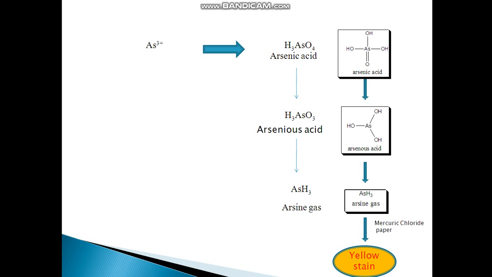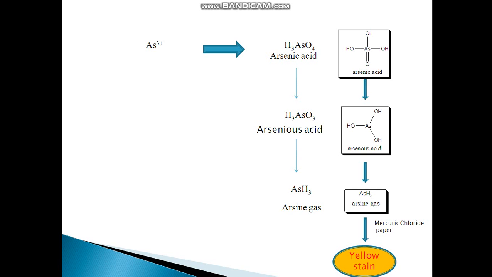It is a multiple step reaction. In the first step, the sample is dissolved in acid which converts arsenic impurity into arsenic acid. The formula of arsenic acid is H3AsO4.